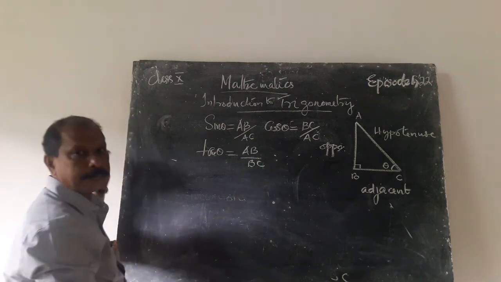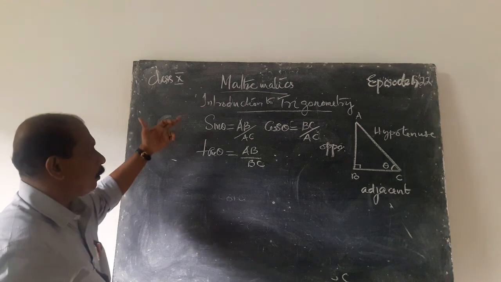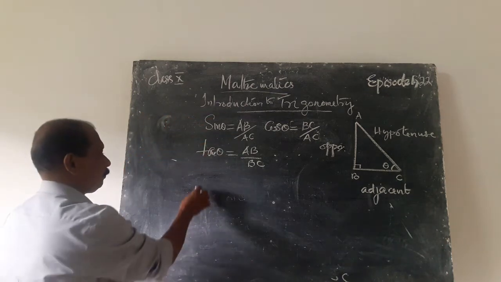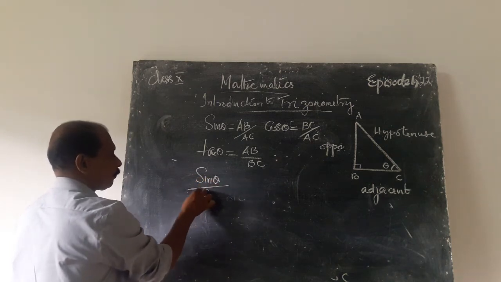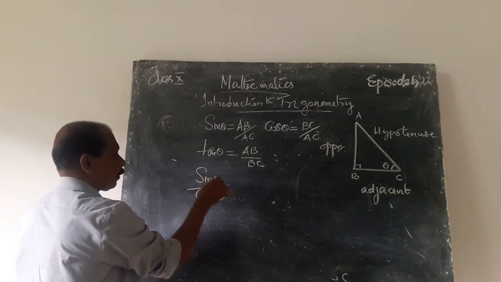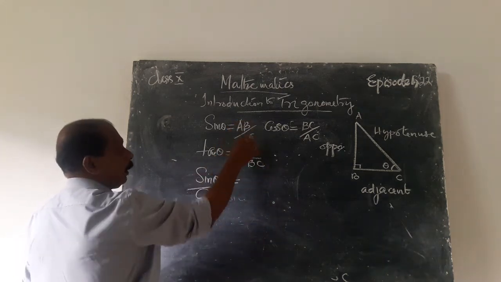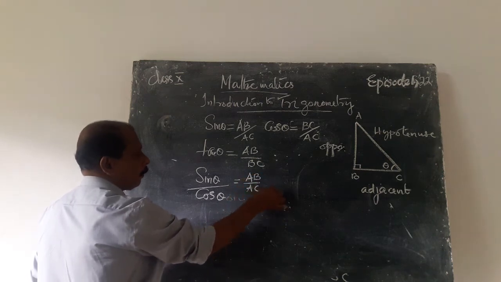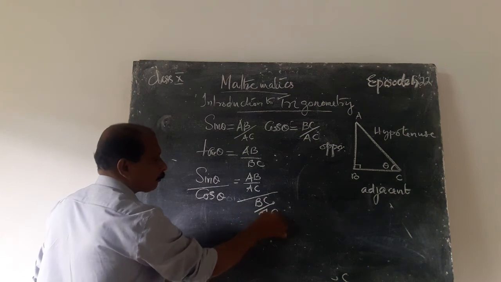That is tan. Then, dividing sin theta by cos theta. What is sin theta? AB by AC. What is cos theta? BC by AC.